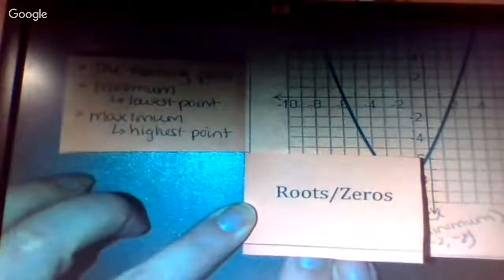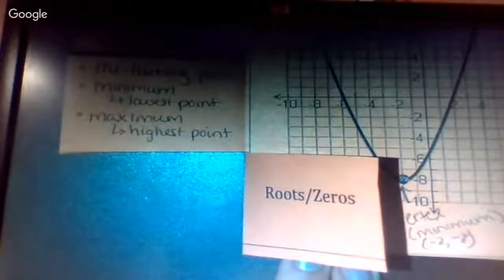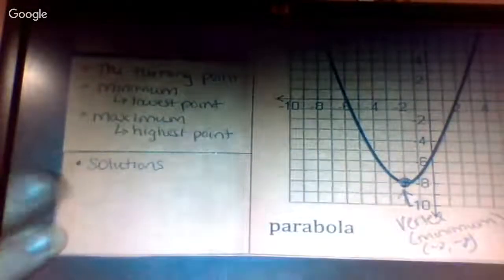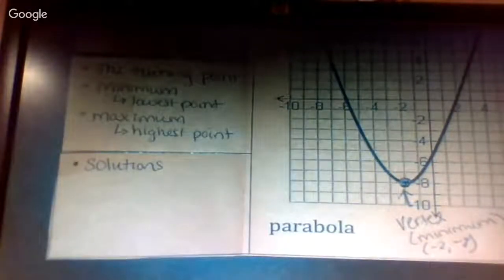The tag right underneath a vertex is your roots or zeros. They may also call this your solutions. They interchange those words. So they may call it roots, zeros, or solutions.